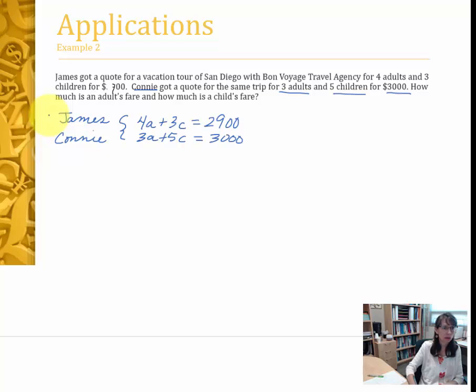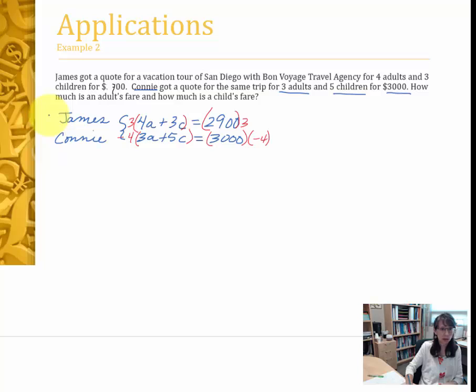So we want to figure out how we can make one of these variables eliminate. If I go back to the first equation, I could look at the 4 and 3 and notice that 4 and 3 have a common multiple of 12. So I'm going to multiply everything in the first equation by 3, and then multiply everything in the second equation by -4.